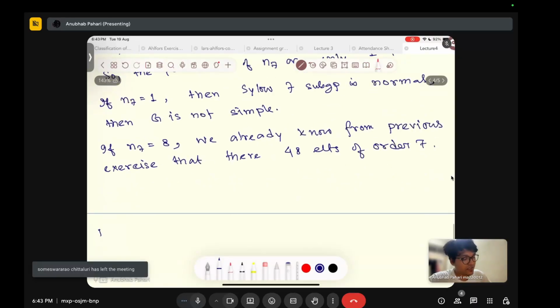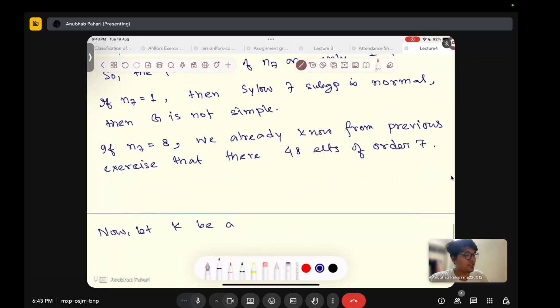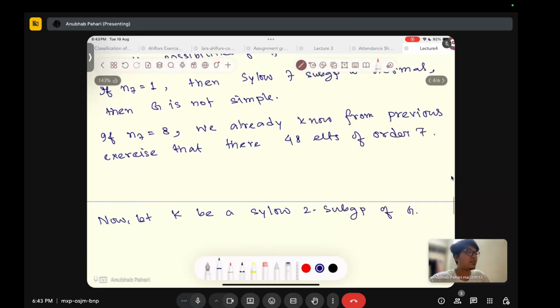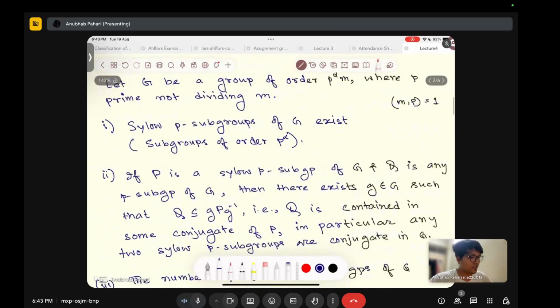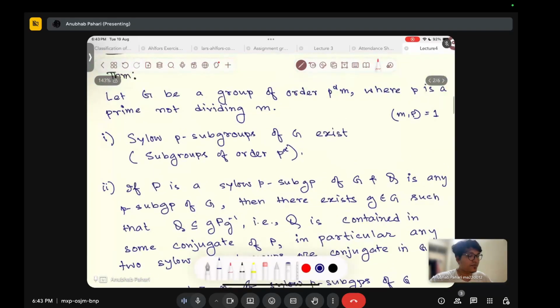Okay, going to the next page. Now let K be a Sylow 2 subgroup of G, right? Following the first Sylow theorem, Sylow p subgroups of G exist.